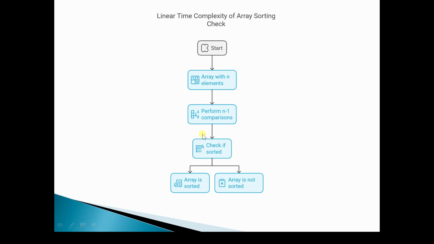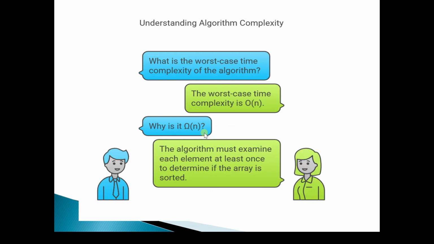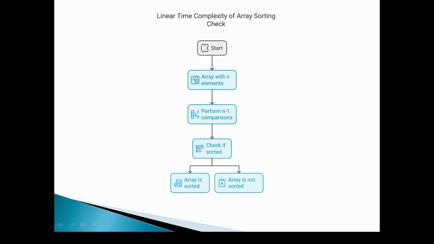So for the worst case scenario in the linear time complexity of the array sorting check, we can say both O of n and omega of n. Why? For the worst case analysis we can say O of n, as it is usually big O notation for linear time complexity.